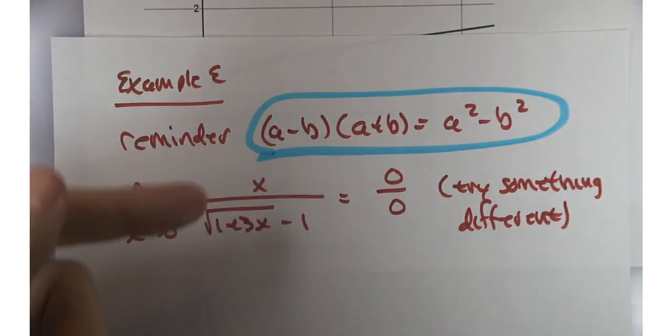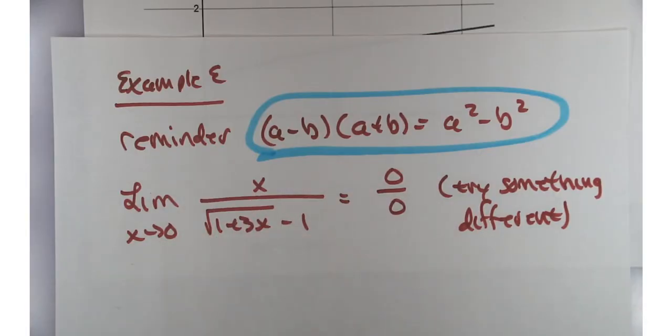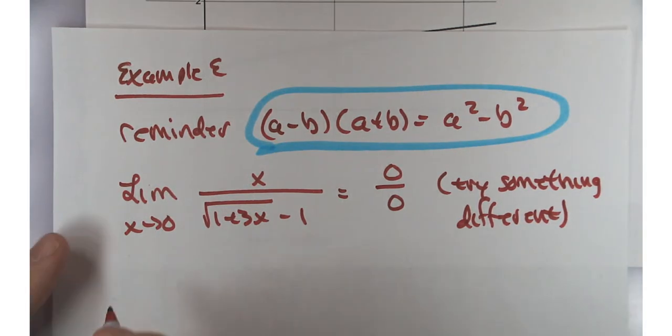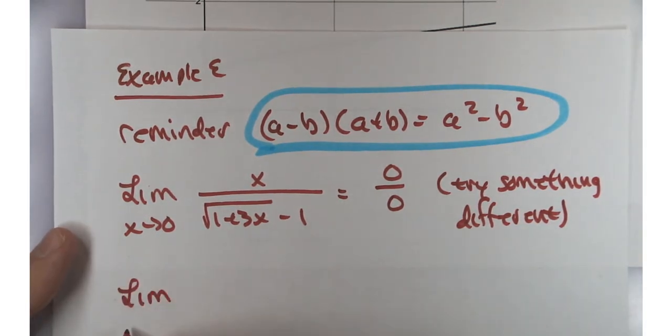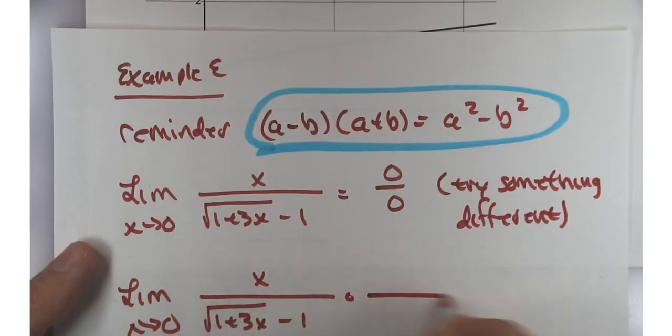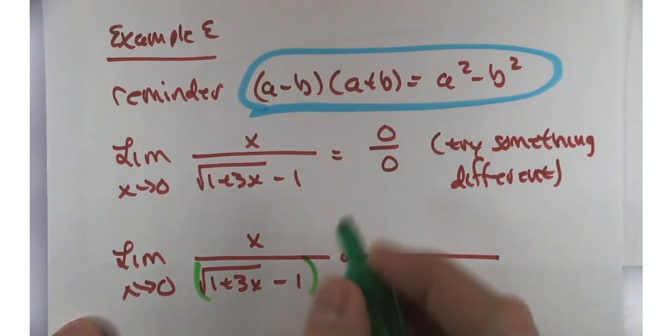Now, in working with limits, you can't multiply both sides of an equation or square both sides of an equation because there is no both sides. You just have the limit. So I can, however, go back to one of the most tried and true tricks in mathematics, and that is multiply by 1. The question is, what form of 1 am I going to choose? Well, I'm going to look at this as being kind of an A minus B.